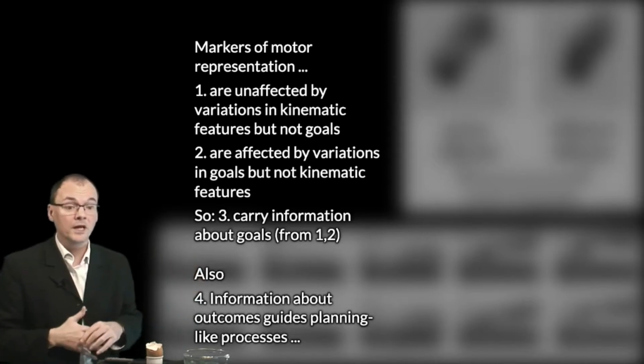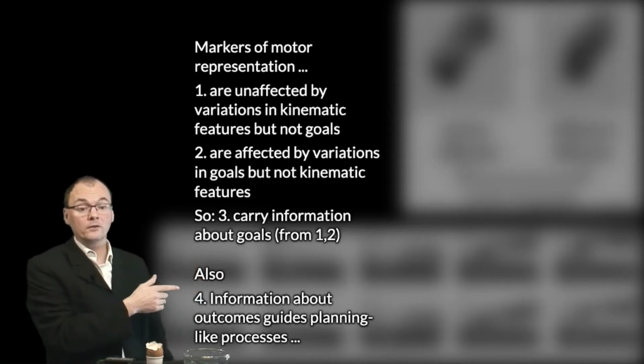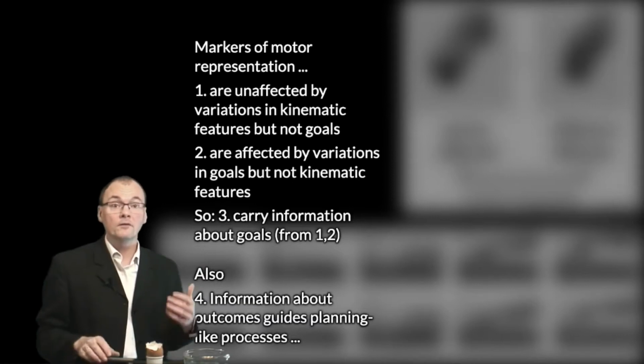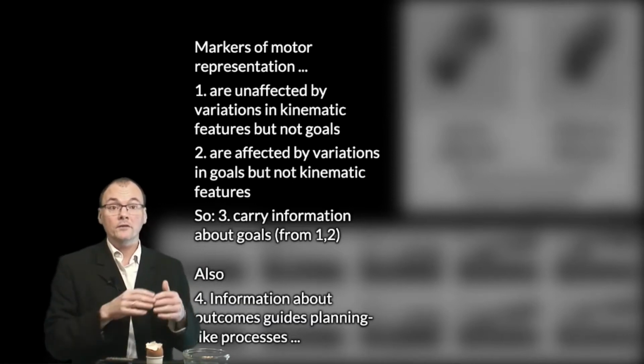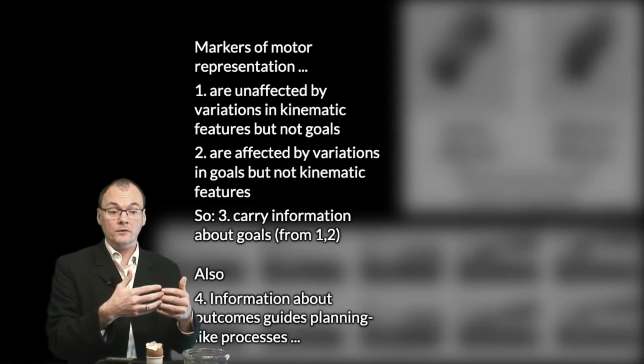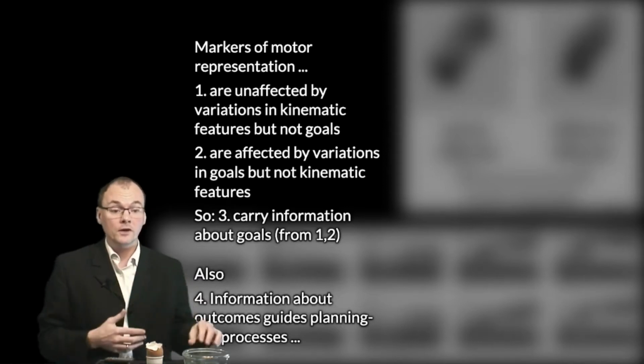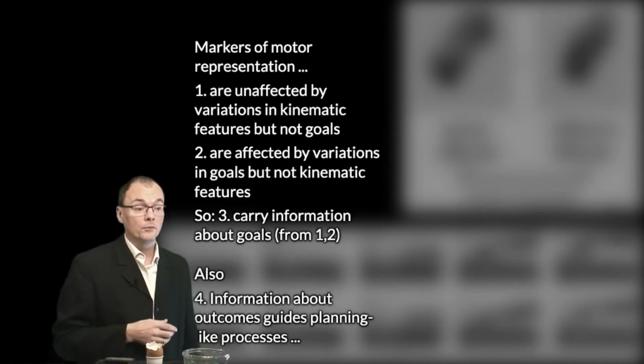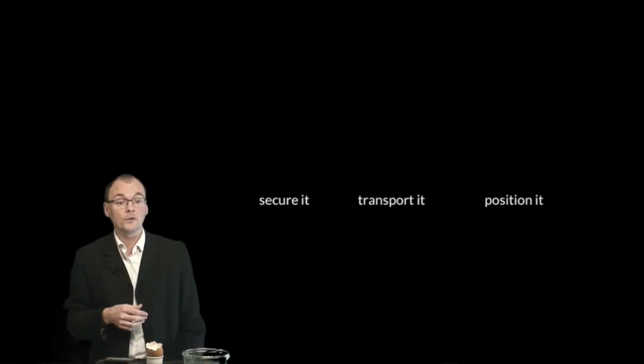So I'm following Dretske here, and because I'm doing that, what I need to show finally is that information about outcomes is involved in the function that motor representations perform. Their function is to guide planning-like processes, and this is what we saw earlier.